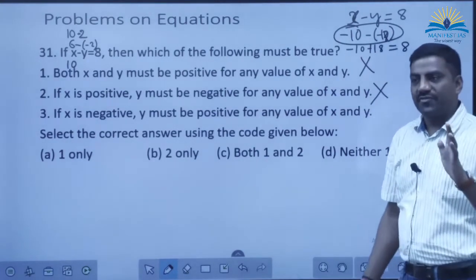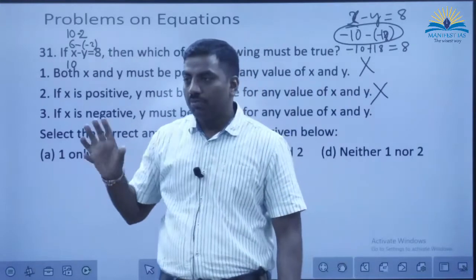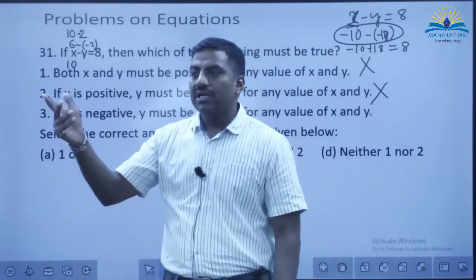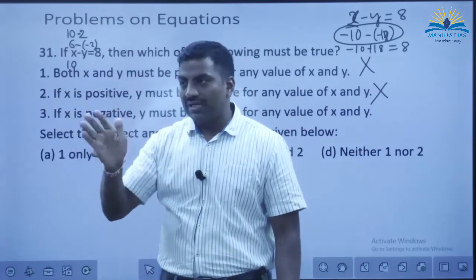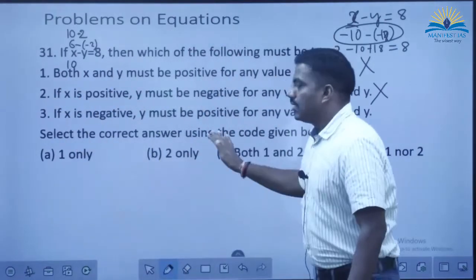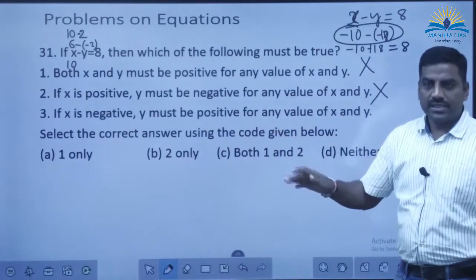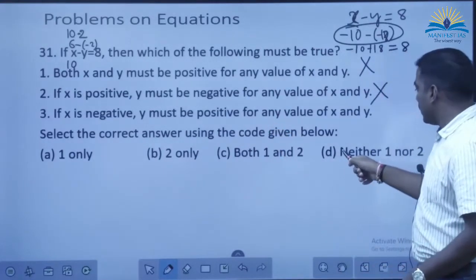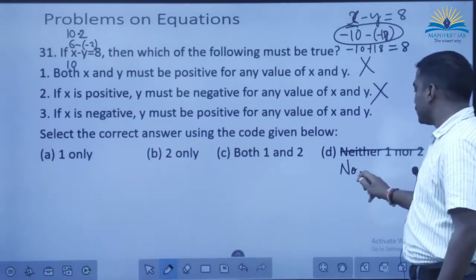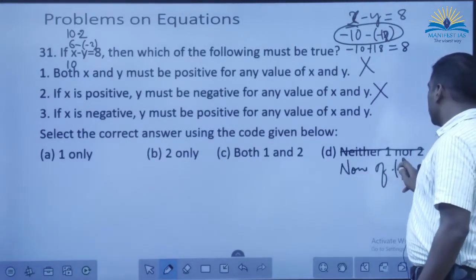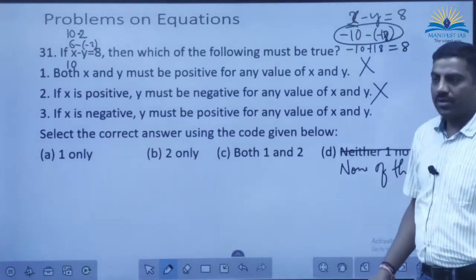So, if you understand the fact that in this equation, both can be positive, both can be negative, any one of them can be negative, any one of them can be positive, if you understand this much, you can negate all these 3 statements. Yes? So, the option seems to have been wrongly typed, so it is none of them. Okay, fine.